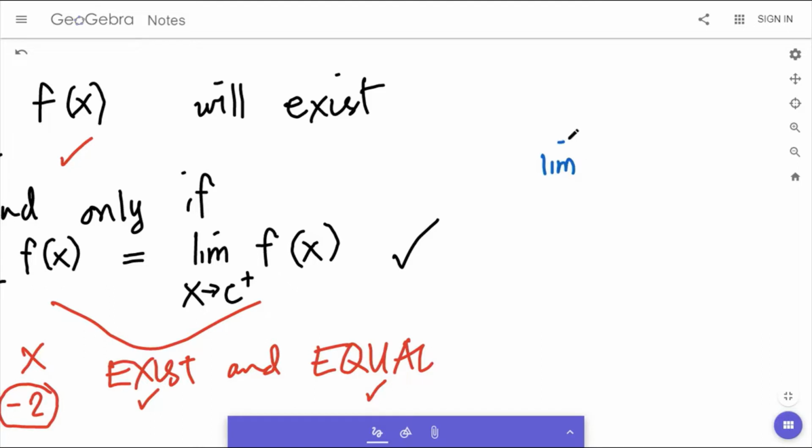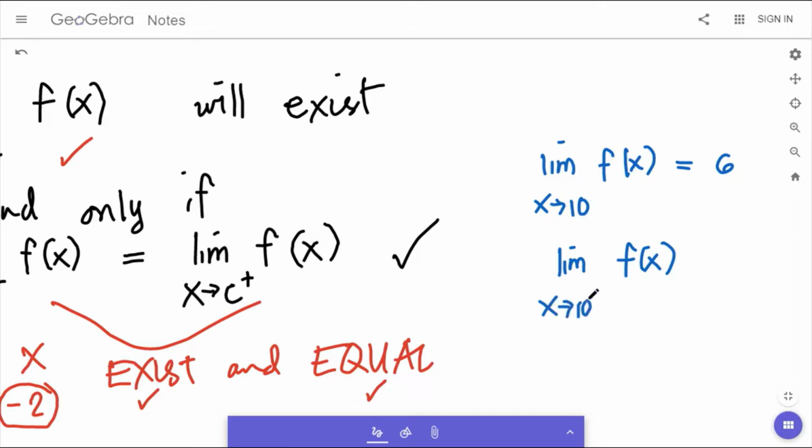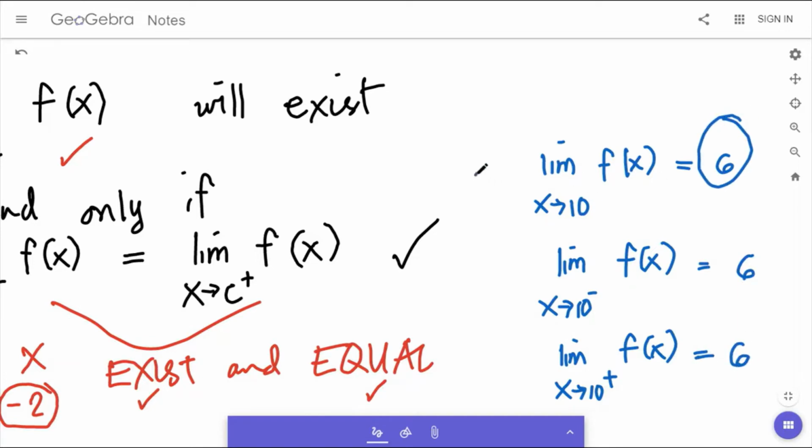So let's say for example, the limit of f of x as x approaches 10 is equal to 6. And then you are asked, what is the limit of f of x as x approaches 10 from the left? What is the limit of f of x as x approaches 10 from the right? The answer is simply 6. It follows now. Kasi kung ang limit ng two-sided ay nag-exist and that's the real limit 6, it follows that the one-sided limits must also be 6.